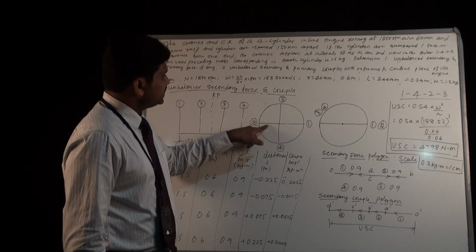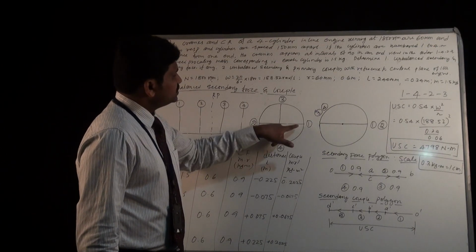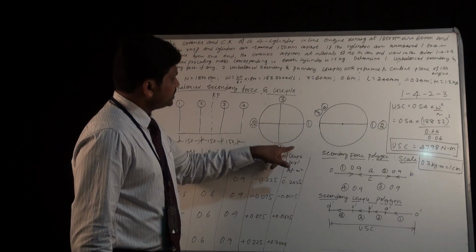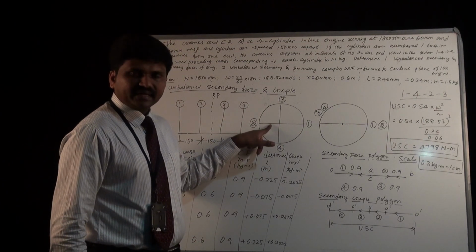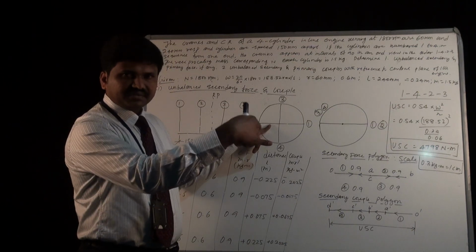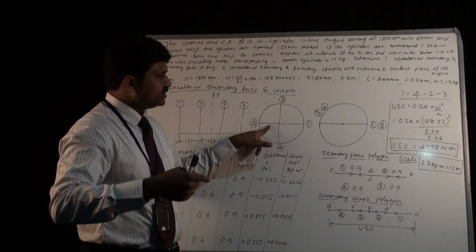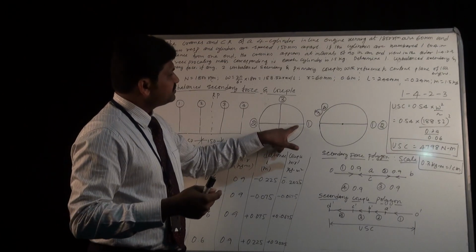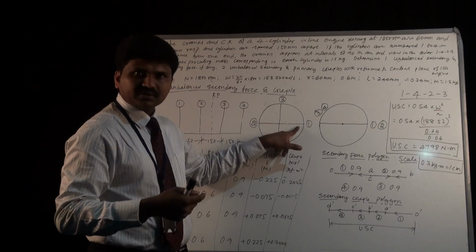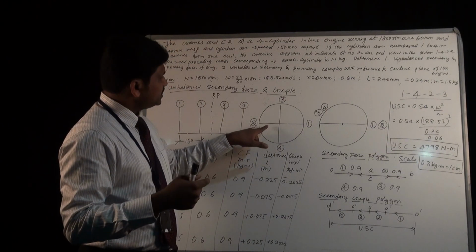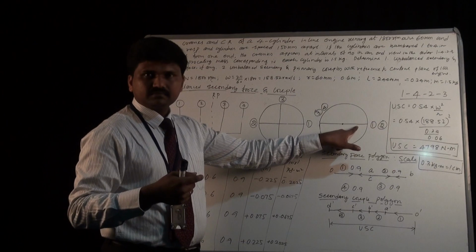If you assume this as a reference, from here to here measured in the clockwise direction is 180 degree, multiply it with 2, that becomes 360 degree. So 360 degree measured from this reference will come to the same position. That means the secondary crank of the cylinder 2 will come to this position.